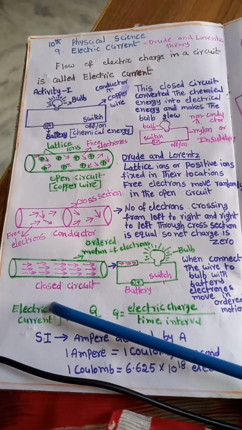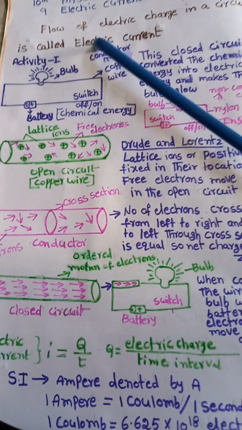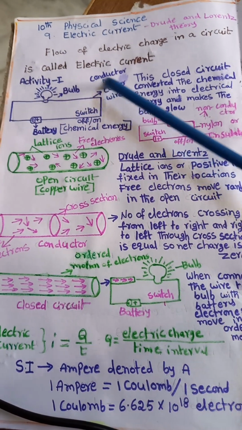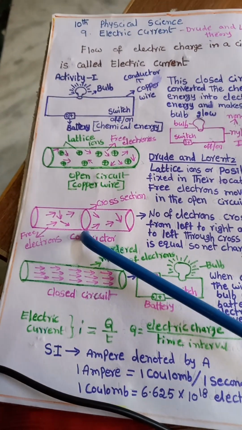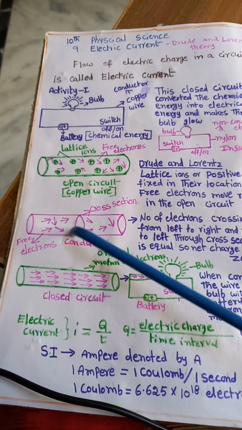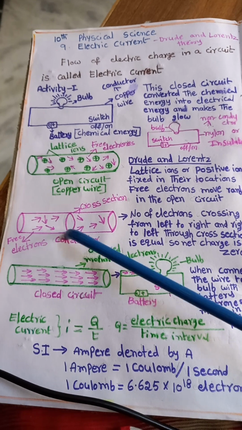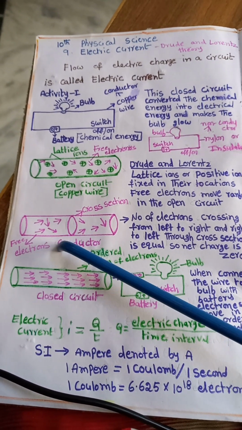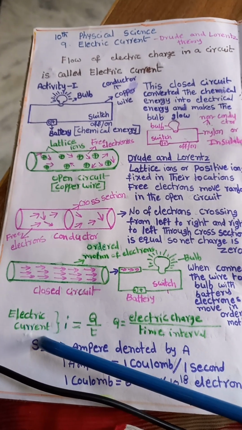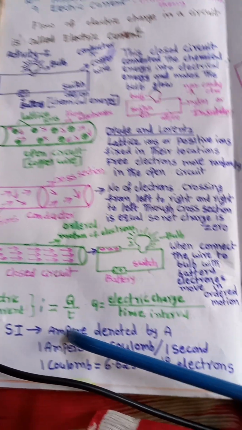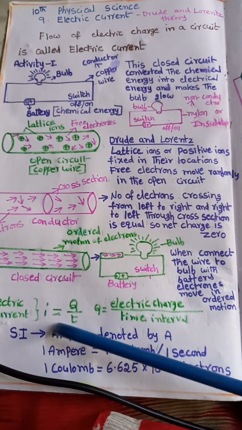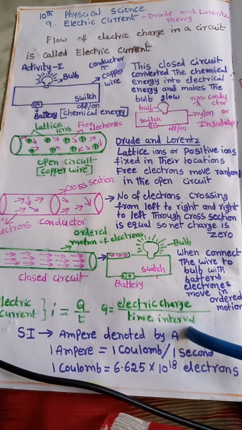Here we observe flow of electric charge in a circuit is called electric current. Inside the wire we observe the positive ions and the negative ions, so different charges are present inside the conductor. Electric current means Q by T, where Q means electric charge and T means time interval.